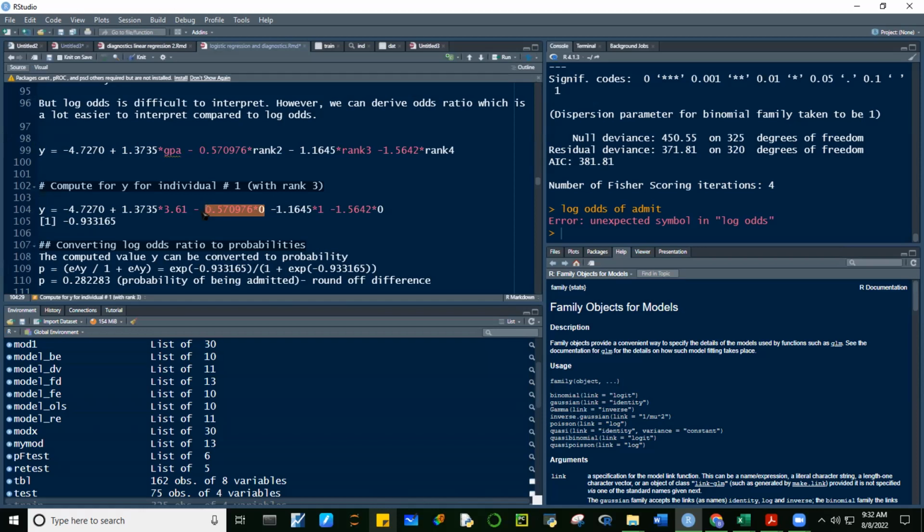Sige nga, class, why did we multiply by 0? Anybody, please? Class, why did we multiply by 0?